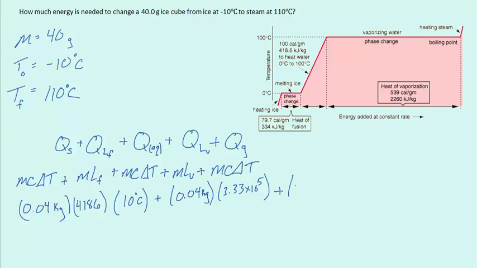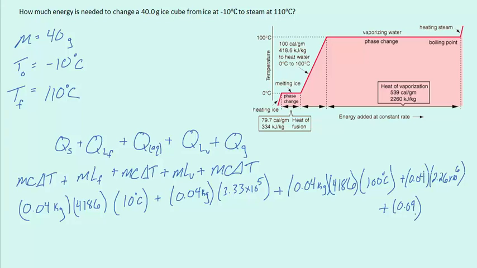Plus our mass of ice, which is now in its liquid state, multiplied by the specific heat of water, multiplied by its change in temperature from 0 degrees initially to 100 degrees Celsius, which is a change of 100 degrees, plus our mass of water transforming into its gas state multiplied by our latent heat of vaporization, which is equal to 2.26 times 10 to the 6, plus our final mass of water multiplied by our specific heat of water multiplied by our change in temperature from 100 degrees to 110 degrees, which is a change of 10 degrees Celsius.